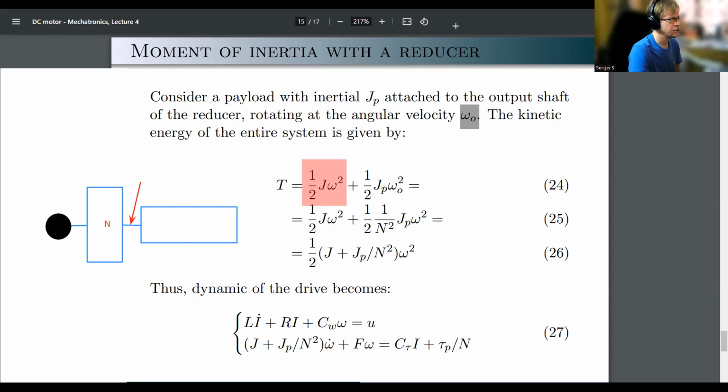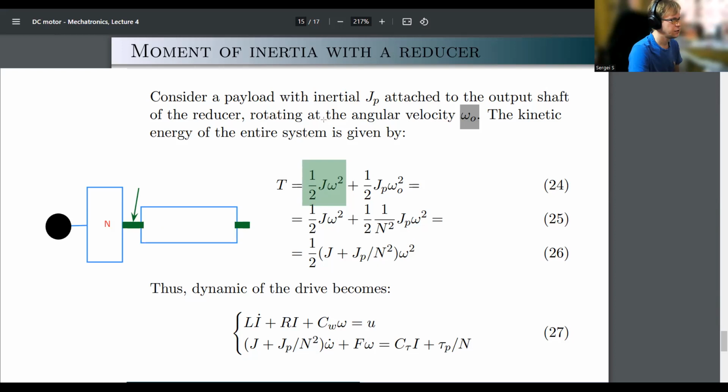Let me color code. I will just use dark green. So this is the kinetic energy of the internal shaft of this guy. In practice, this guy actually exists. It's not just a mathematical entity, this internal shaft. It will be some actual shaft that goes through the whole motor, the way I draw it.